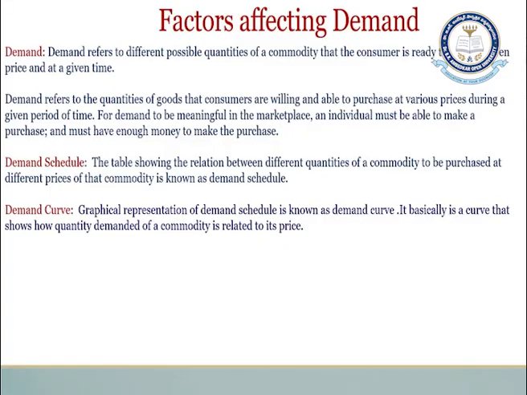So, this is nothing but your demand, where demand will refer to all the possible quantities of a commodity that a particular consumer is ready to buy at a given price and at a given point of time.